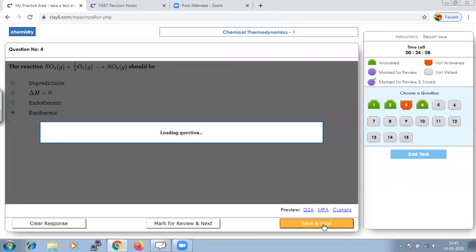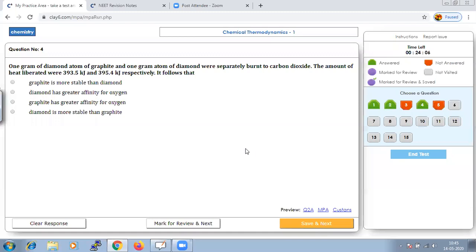Okay. Next. Here it says 1 gram atom of graphite and 1 gram atom of diamond were separately burnt to carbon dioxide, and the amounts of heat liberated were 393.5 kilojoule and 394.5 kilojoule.